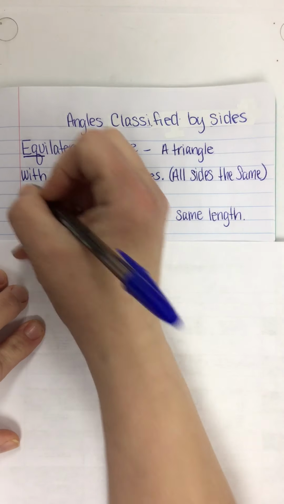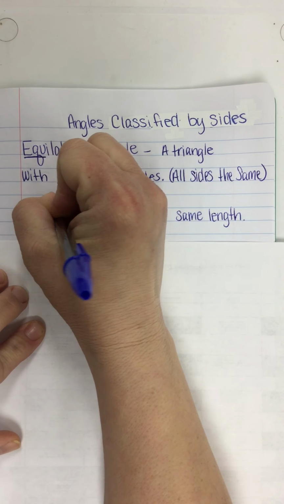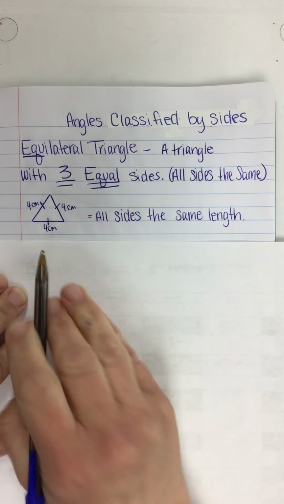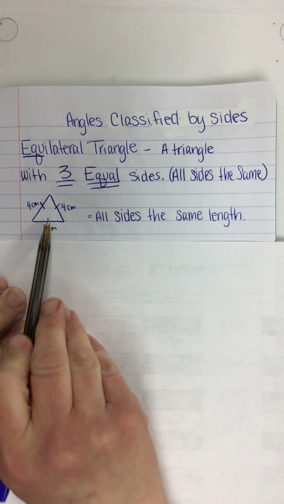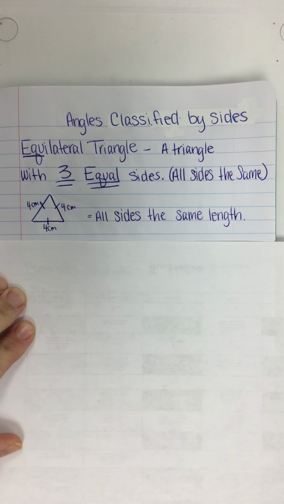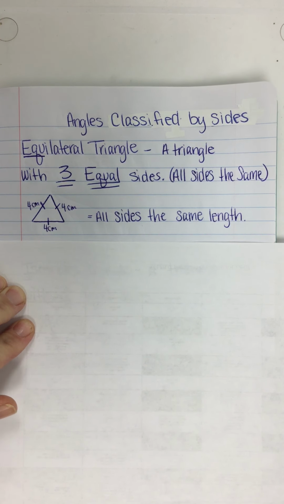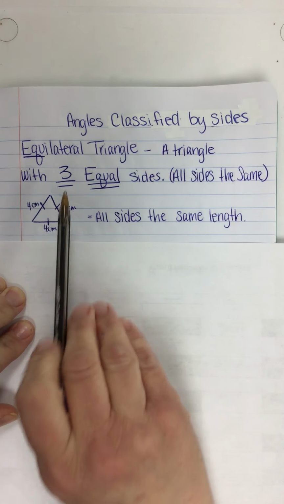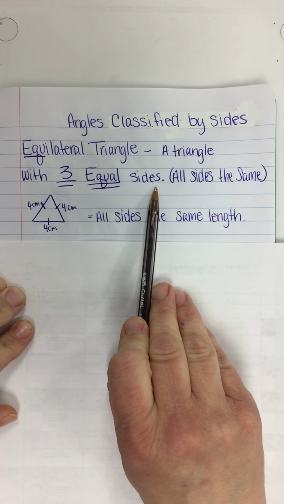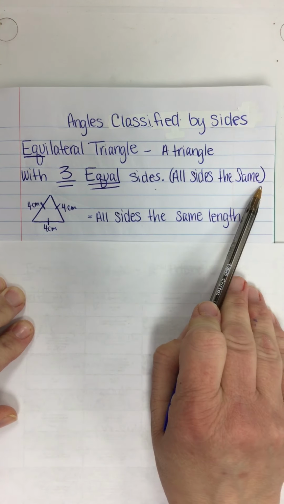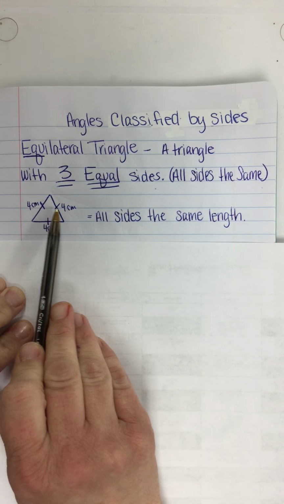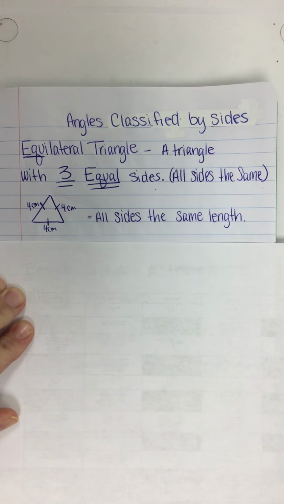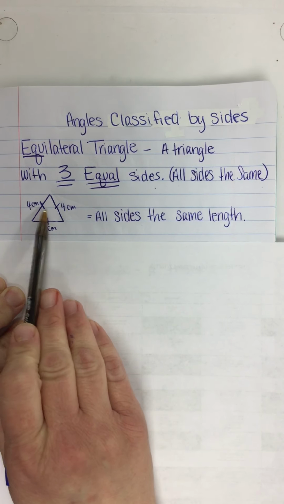Another thing you might see is markings. If all 3 of them have the same exact markings, that means it's an equilateral triangle, because they're indicating that all three sides are the same. Either by measurements or by marking, they'll tell you that it's an equilateral triangle.